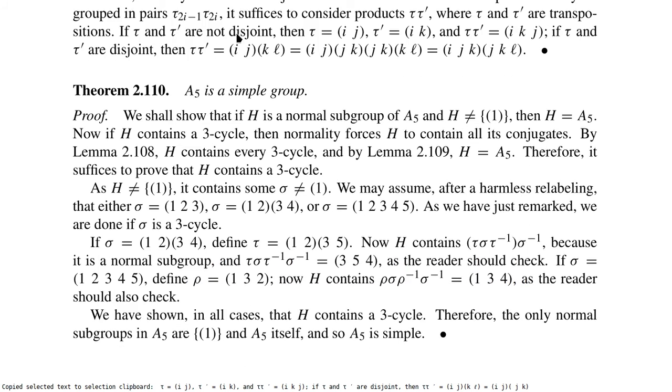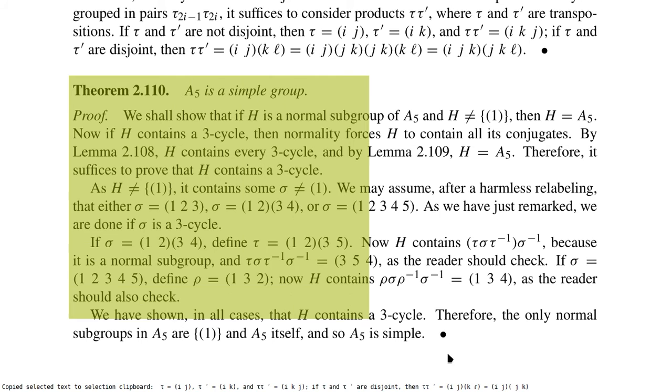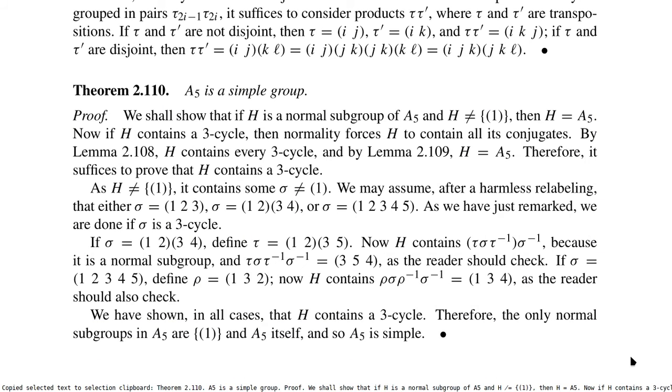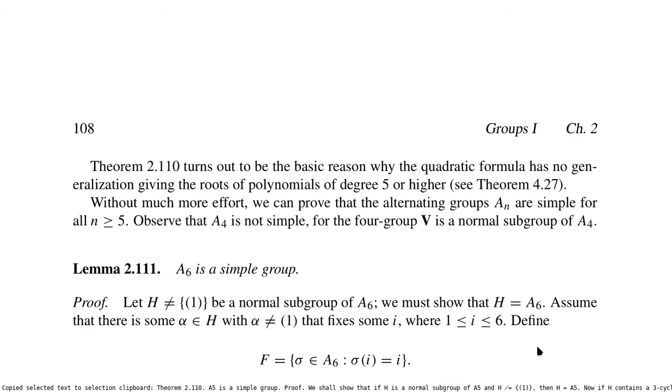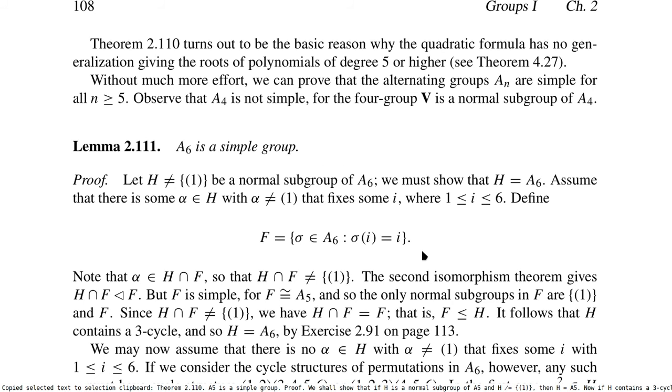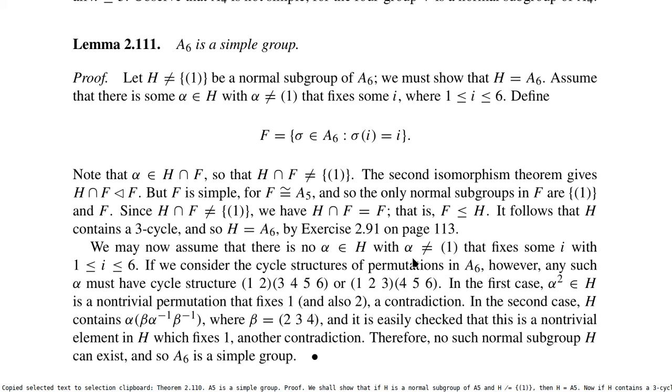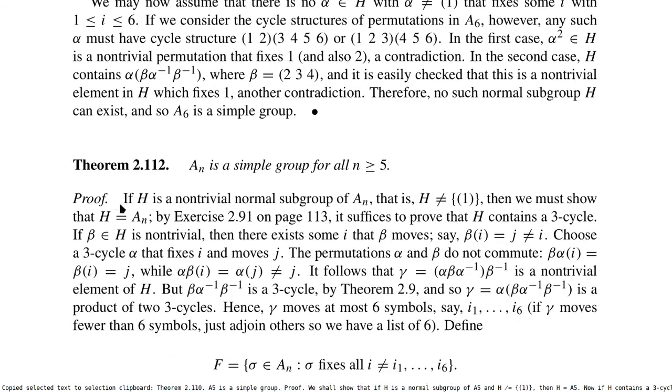A5 is a simple group, so we'll take that for granted as of now, but you can check the proof later. A6 is a simple group. They use the second isomorphism theorem, but let's see the general case.